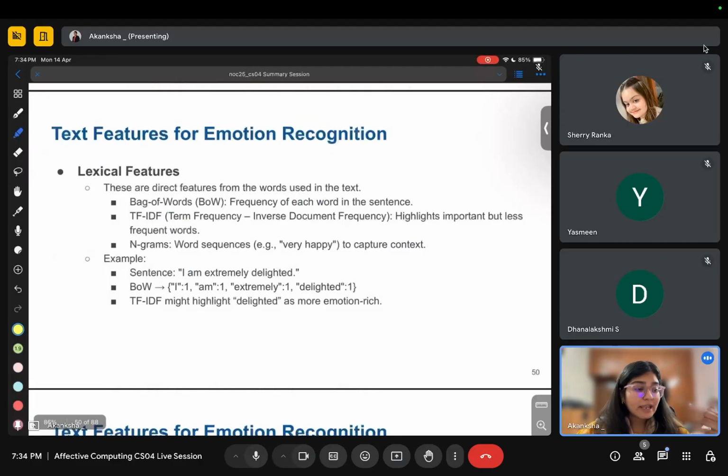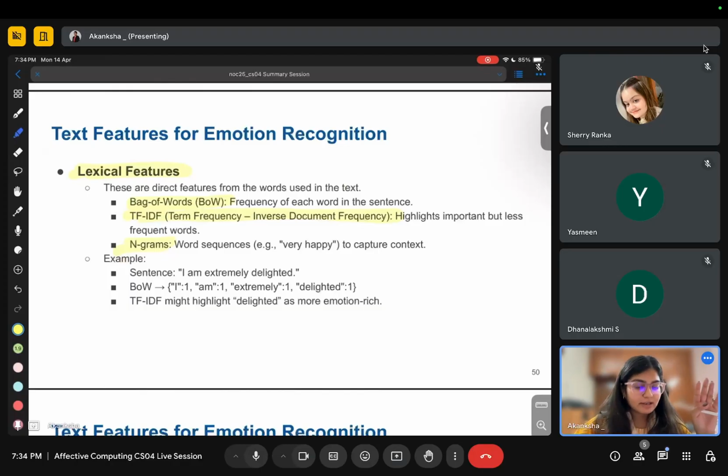But what can be some of the features for text? First can be the lexical features. Lexical means that we use different representations for the words. These can be bag of words, TF-IDF, n-grams. We actually discussed this in detail in the lectures. As I mentioned earlier, emotions should also be represented using numbers.